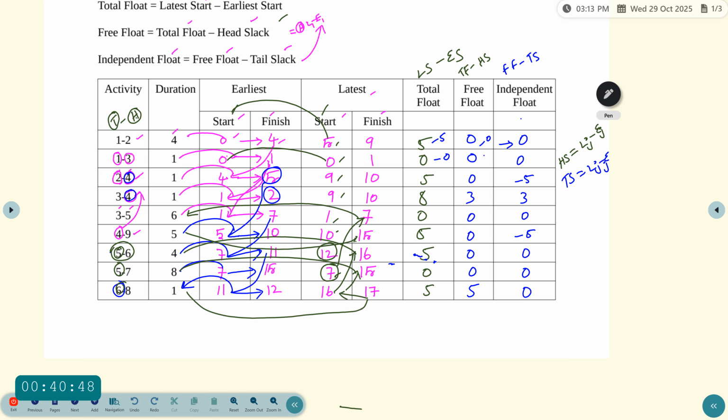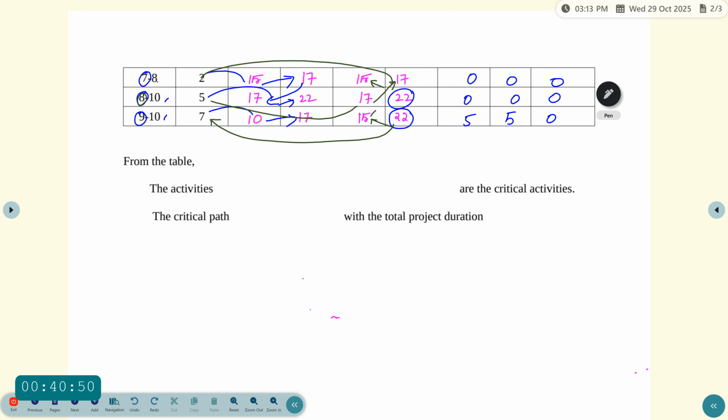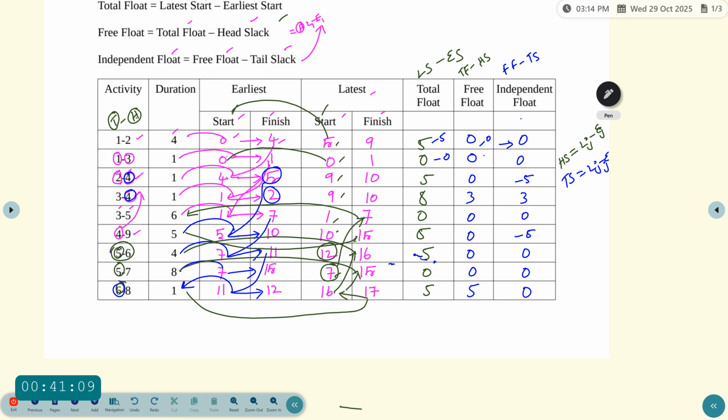Next, go to another question, which is to find the critical path. From the table, which of the activities are on the critical path? Check the total float value. You have to look for 0.